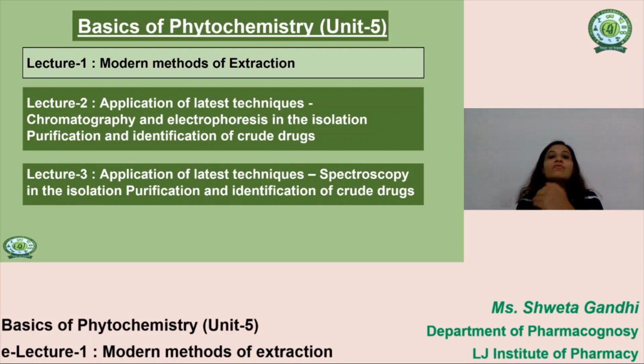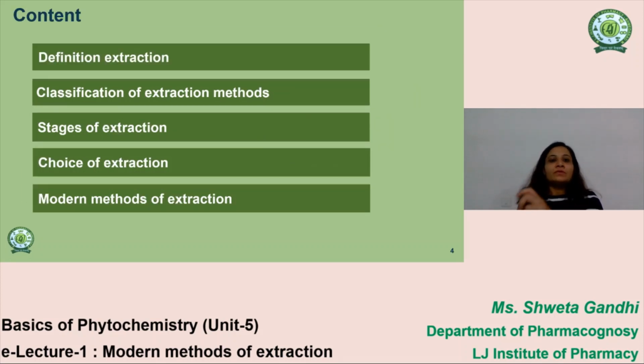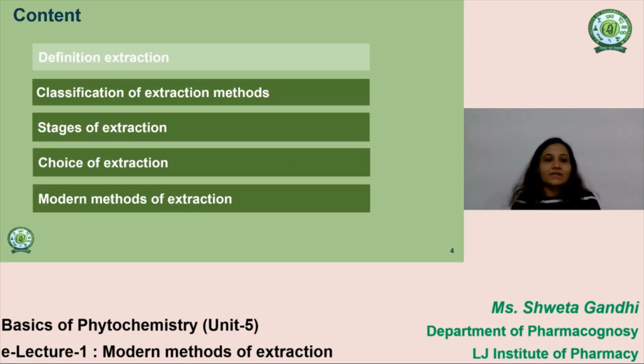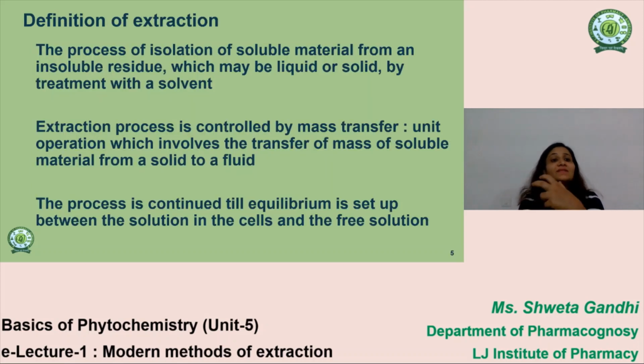So first, what do you mean by extraction? Basically we'll define what is extraction. Extraction is the process of isolation of soluble material. We have to isolate the soluble material from an insoluble residue with the help of solvent.